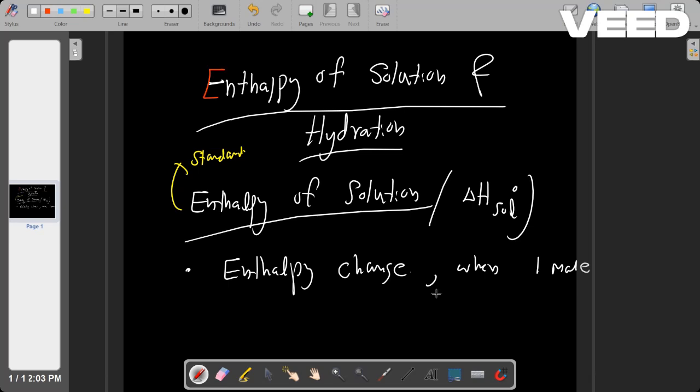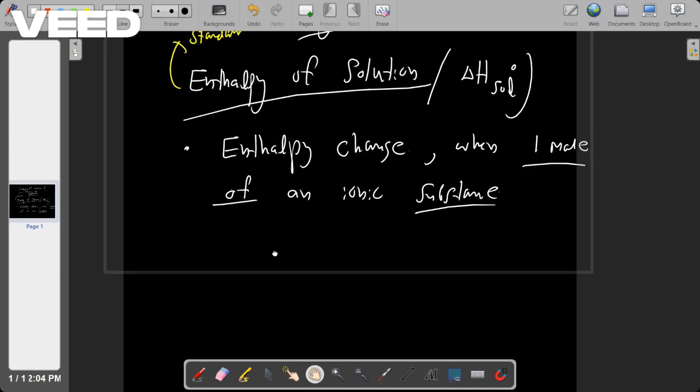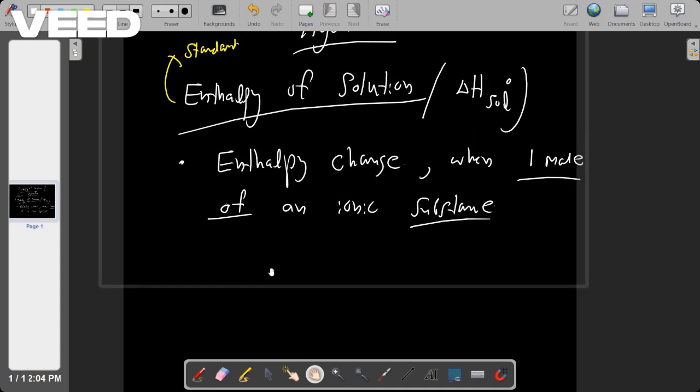It could be either side of the equation, could be the reactant, could be the product, right? An ionic substance, for example sodium chloride, magnesium chloride, not barium sulfate. Barium sulfate is not getting dissolved. Magnesium hydroxide is also sparingly soluble, right?